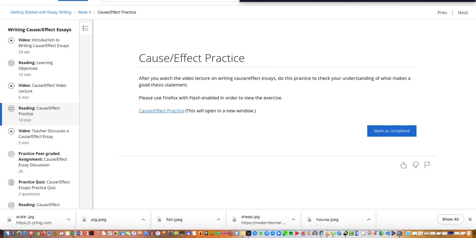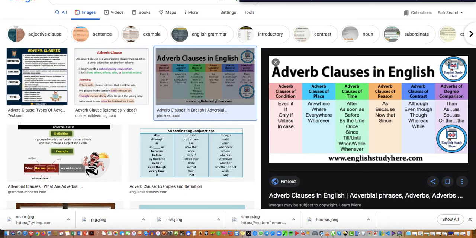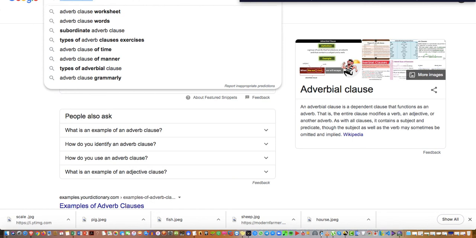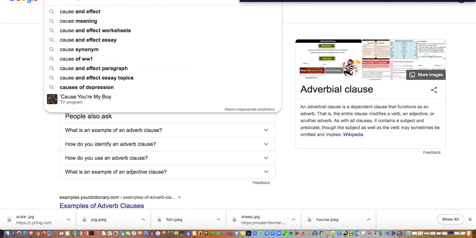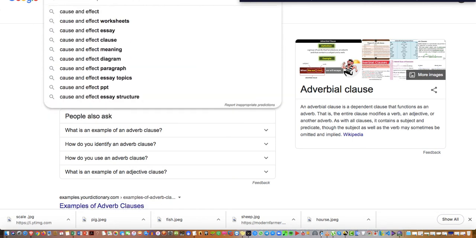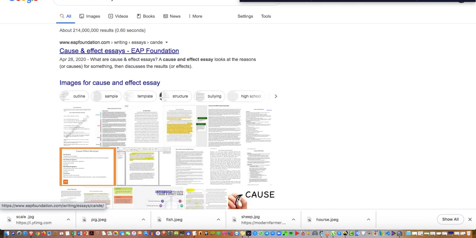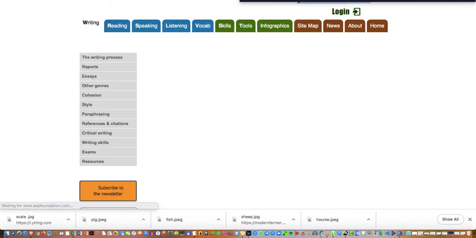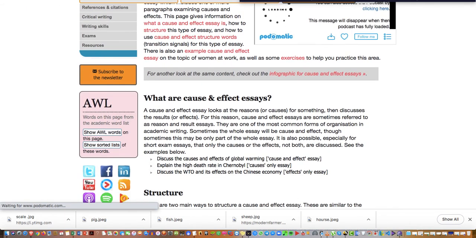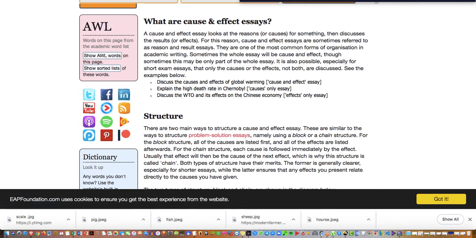So I will show you one sample of cause and effects. Let's see. Okay, let's go. Cause and effect essay. They say here, look at the reason.